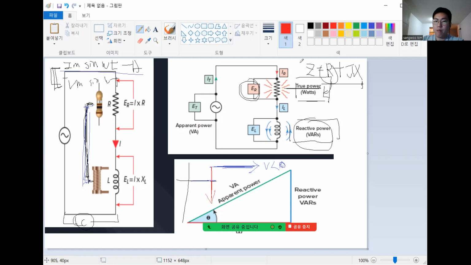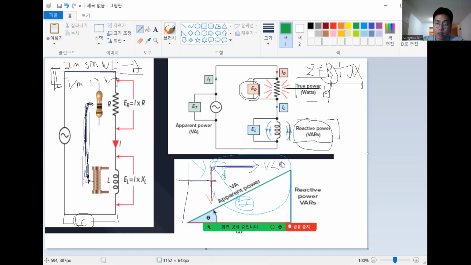But since this is not actual pure L, we say zeta, the angle is here, and this is current. This is our general page for voltage and current, general loads.